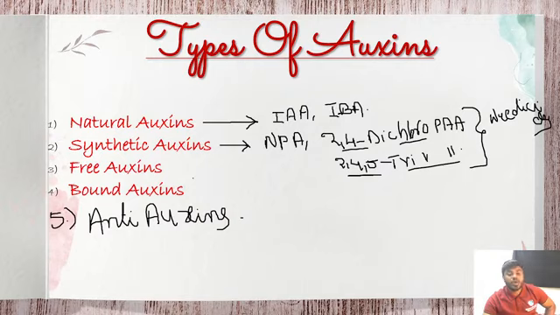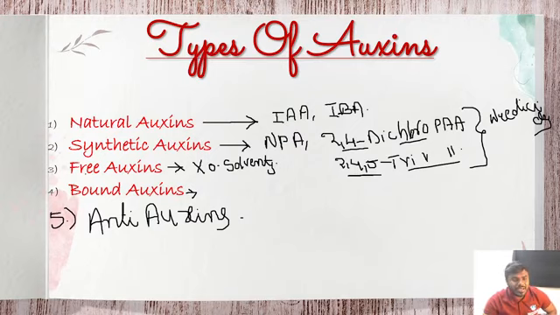Now friends, don't get confused between the words free auxin and antiauxin. All of you listen to my statements very carefully, friends. If I want to isolate an auxin and I did not use any kind of organic solvent, very easily I have isolated it, that kind of auxin is called free auxin.